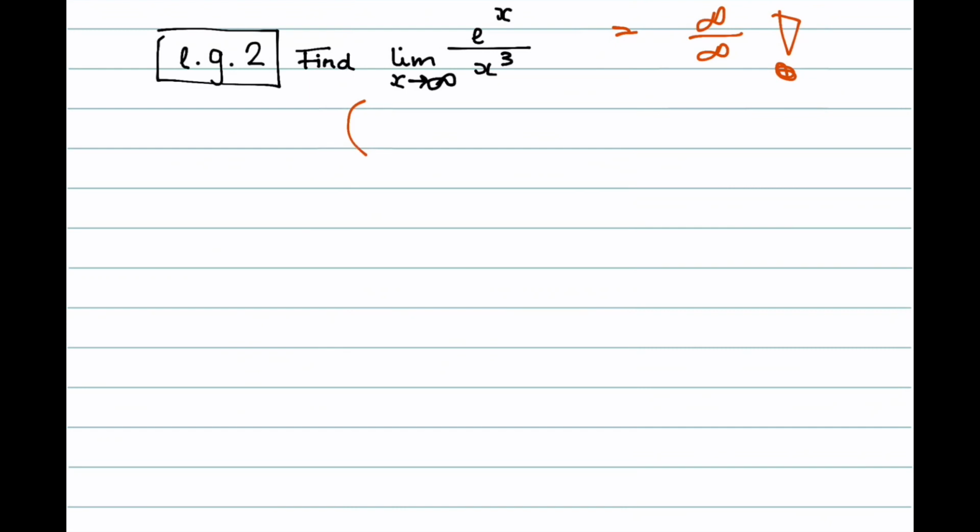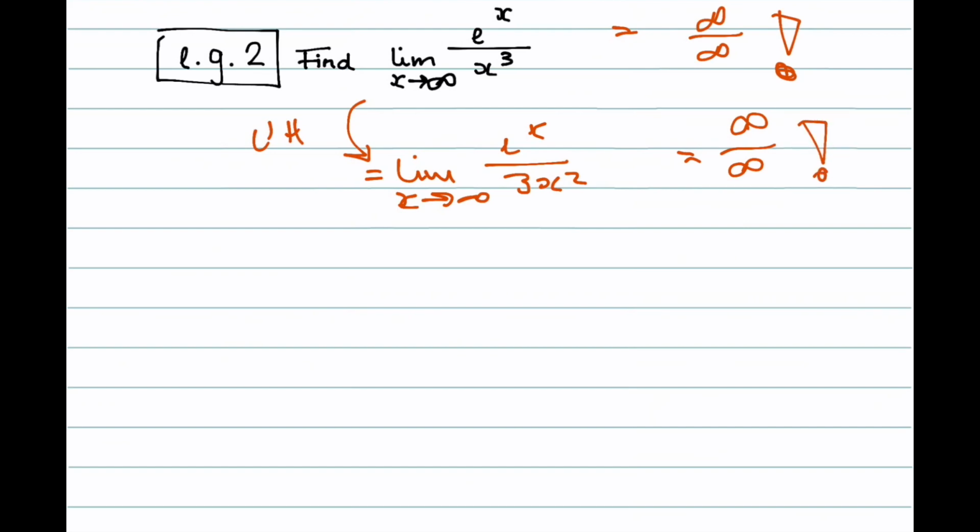Now, if we use L'Hopital's rule, we find that this limit is equal to the limit as x approaches infinity of e to the x over 3x squared, differentiating the numerator and the denominator. But this is also an indeterminate form of infinity over infinity. So we can actually use L'Hopital's rule again.